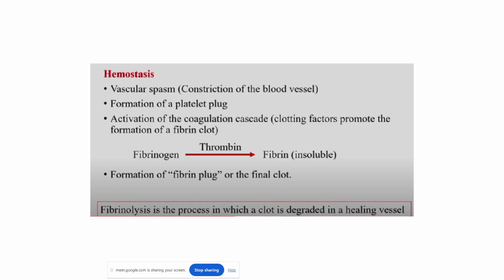Vascular spasm will lead to constriction of the blood vessels, which will bring the platelets to the site, and the platelets will form a plug, and that will trigger the coagulation cascade, and more clotting factors will form the fibrin clot, the final fibrin plug actually, and that is how the healing process happens.